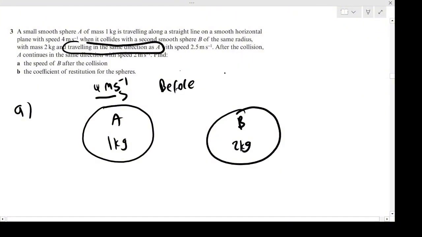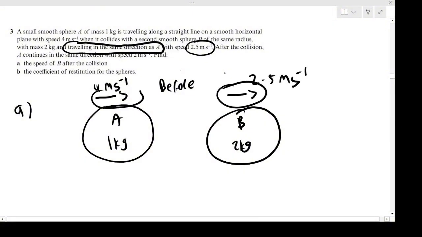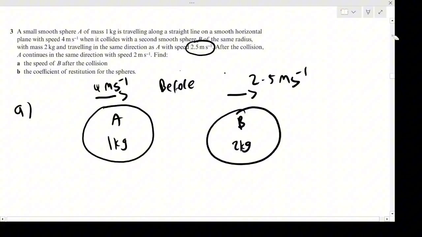Okay, so ball B is travelling in the same direction as A before with speed 2.5. So it's also going to go forwards with speed 2.5, because we're told it's travelling in the same direction. Hopefully happy with that. So those are my speeds before.